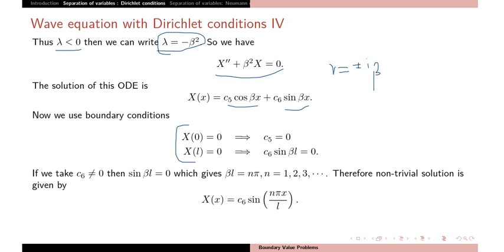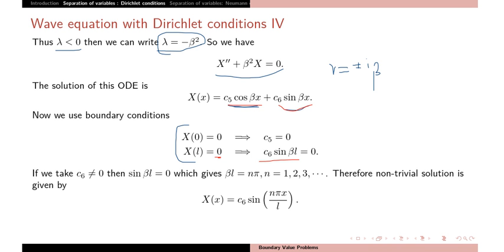So now use boundary conditions. When x is 0, cos 0 is 1, so this equation gives c5 equal to 0. When x equals L, since c5 is already 0, we get c6 sin beta L equal to 0. So you have two possibilities: if c6 is 0, then c5 is also 0, so you got the trivial solution.